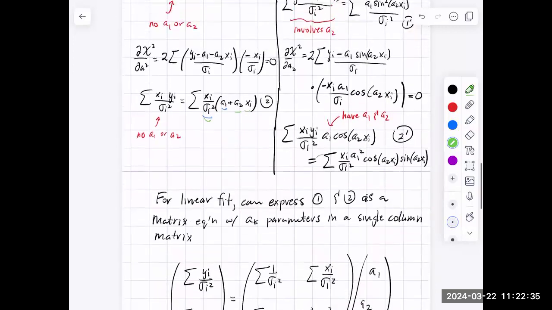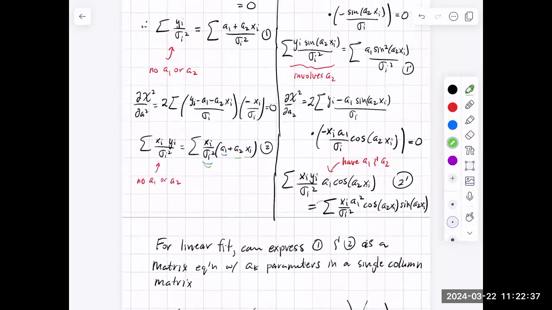For our nonlinear fit, we have no hope of representing equations 1 prime and 2 prime as a matrix equation where one of the matrices is a column of the unknown parameters. It's just a disaster, right? We have our parameters stuck inside trig functions. We have a's on both sides of the equation.